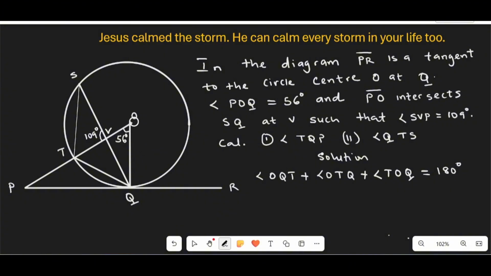Also, lines OQ and OT are equal to each other because they are the radii of the circle.